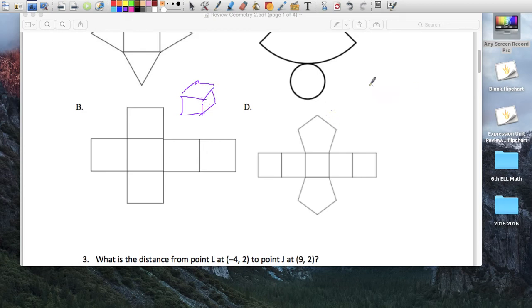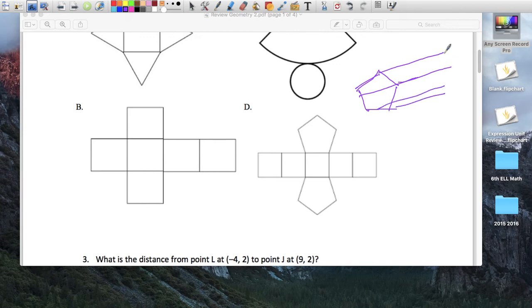This one, can I draw this? Well, no, definitely not that. Let's try to draw this better. Like this, like this, like this. And it's going to go out like that, out like that. Everything's going to go out that way. And on that side, you're going to have the other one, this bottom part, which is also going to be a pentagon.